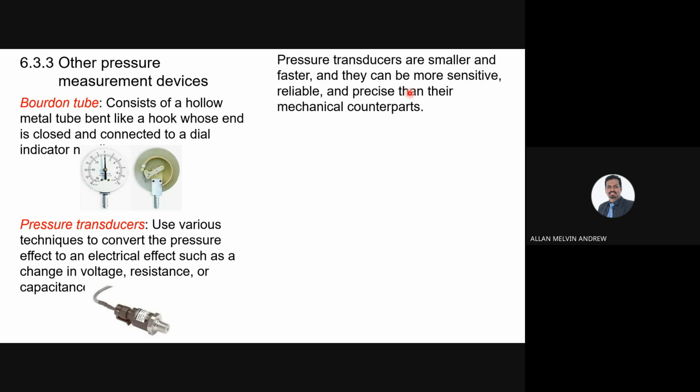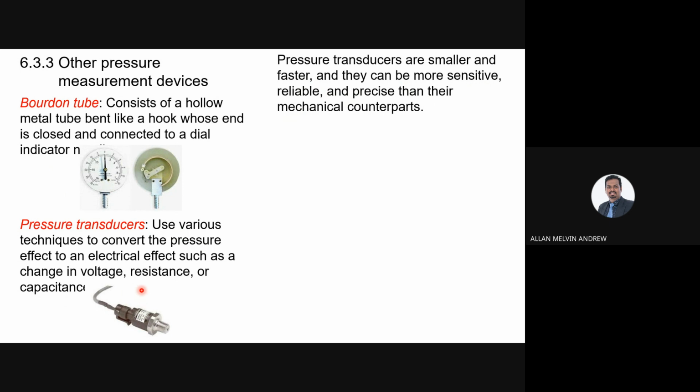So pressure transducers are smaller and faster. Compared to the Bourdon tube, where you need to wait until the gas goes in before it starts to measure, pressure transducers are much faster because normally they are non-invasive, meaning no physical touch.